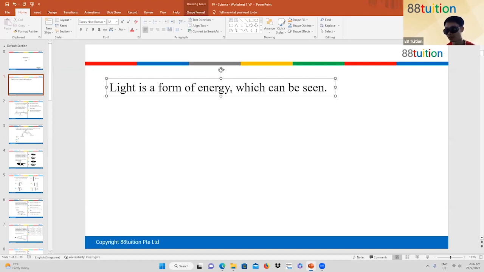Okay, write this down, everybody. Livy, Valerie, and Ariano, write this down in your notebook. Light travels in straight lines.